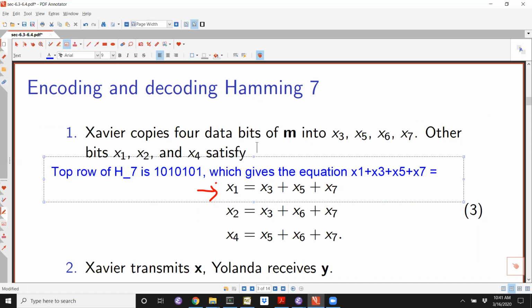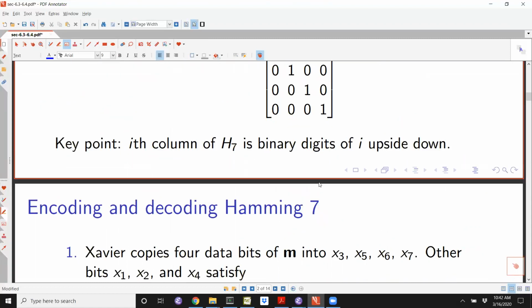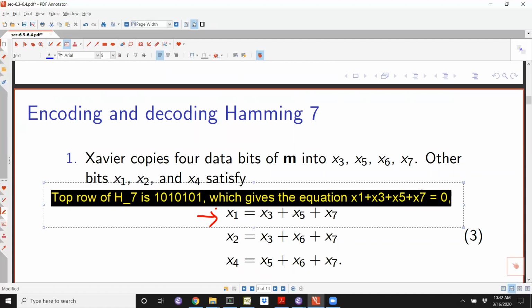Still working out a few bugs in my new piece of software. So remember, because the Hamming 7 code is the null space of this matrix, when you use this parity check matrix to define the code, each of these rows of H7 gives you an equation, and the top equation says exactly that x1 plus x3 plus x5 plus x7 equals 0.